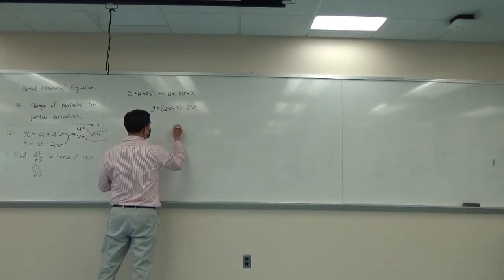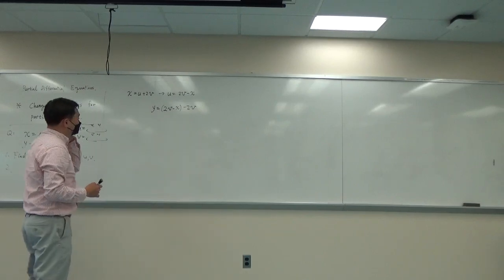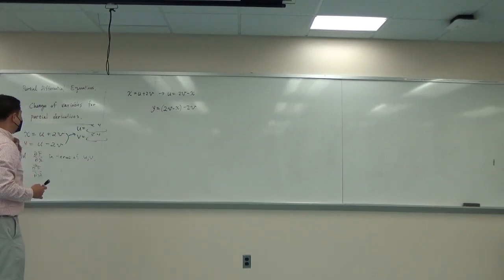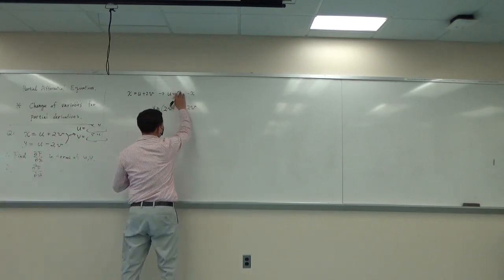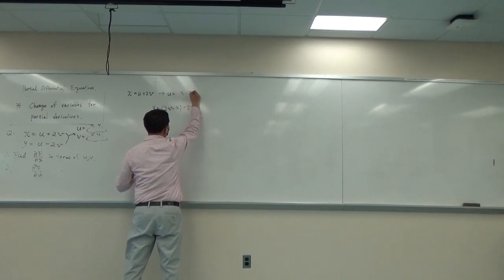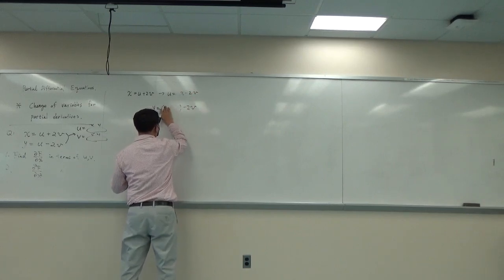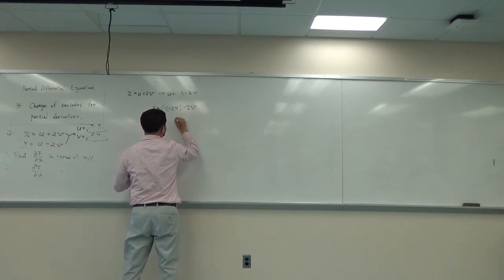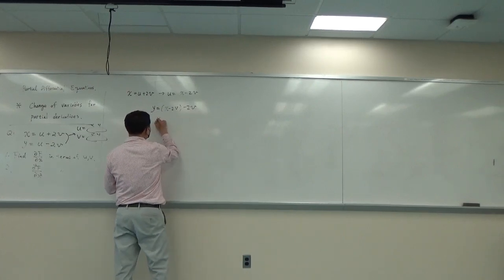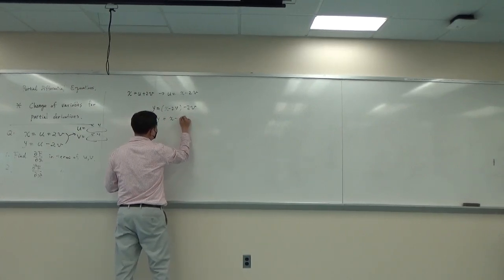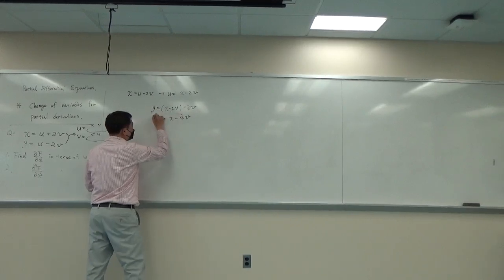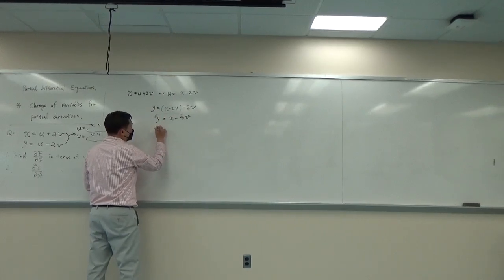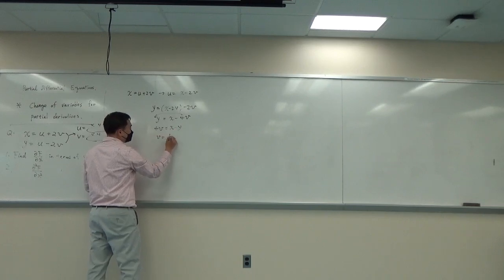Oh, what's happening? That's not right. U is equal to x minus 2v. Right, thank you. I got it backwards. So that's going to be y equals x minus 4v. Move this to the other side, and then 4v equals x minus y, and then divide by 4.